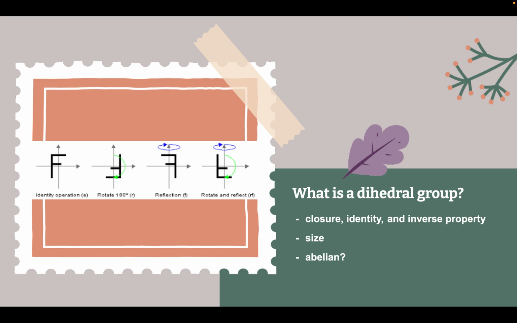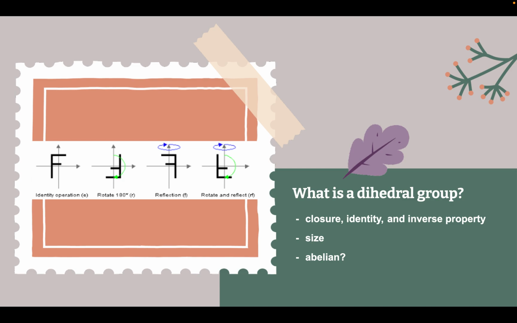And then there are two ways to flip it, the reflection: you flip it over once and then flip it over again. So you have n ways to rotate it and two ways to flip it. To get the order of the group, you multiply these, and we multiplied 2 by n and got the size 2n.